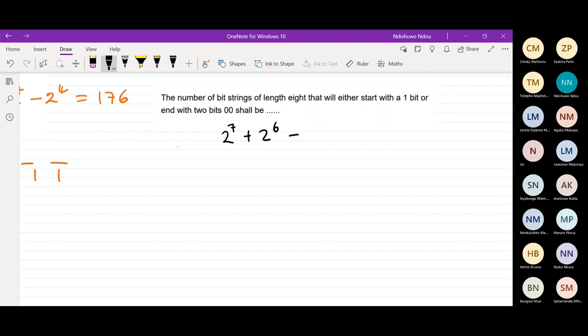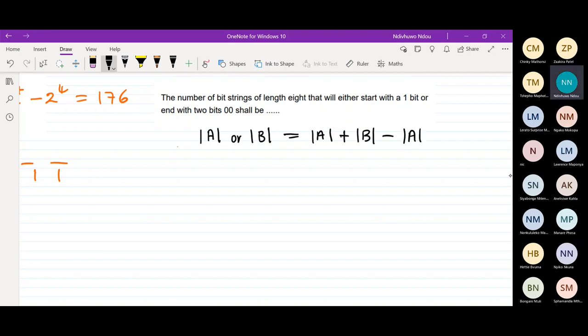Minus 0. But this is the principle of inclusion and exclusion, isn't it? If we want the cardinality of A or B, it is the cardinality of A plus the cardinality of B minus the cardinality of A and B.